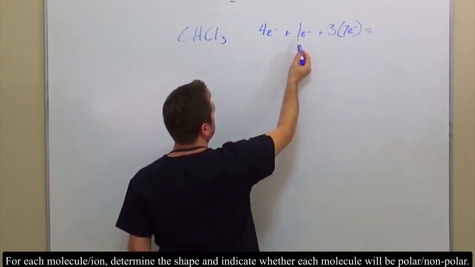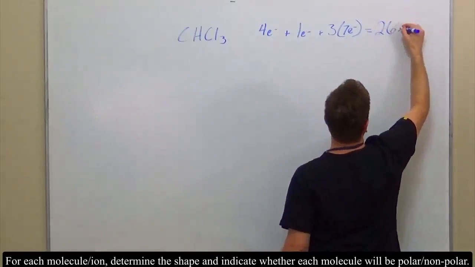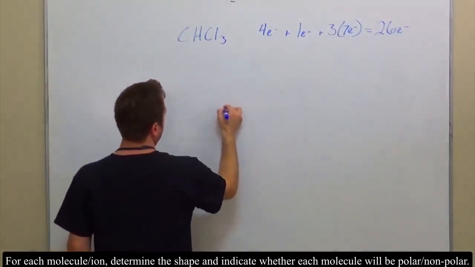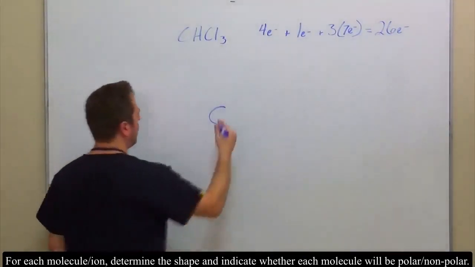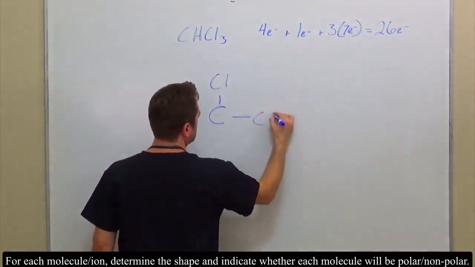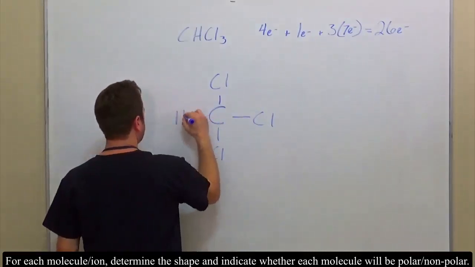So 21 plus 1 is 22, plus 4 is 26 electrons. Now carbon is going to be right in the middle, surrounded by 3 chlorines and the 1 hydrogen. So let's draw our bonds to all the chlorines, and then to the 1 hydrogen.